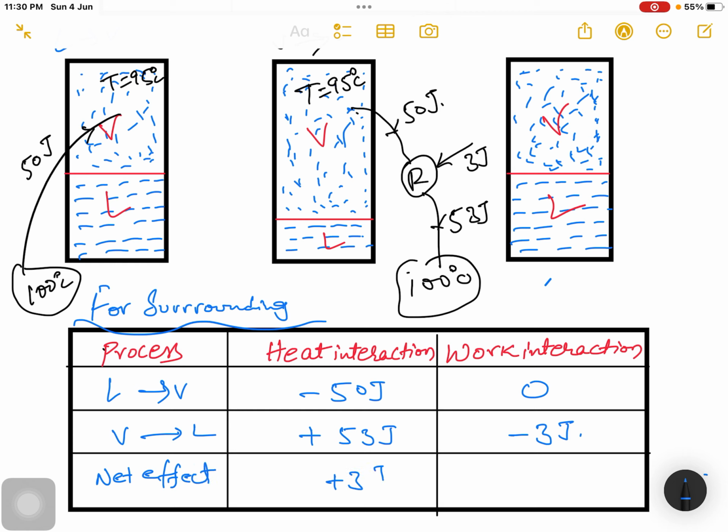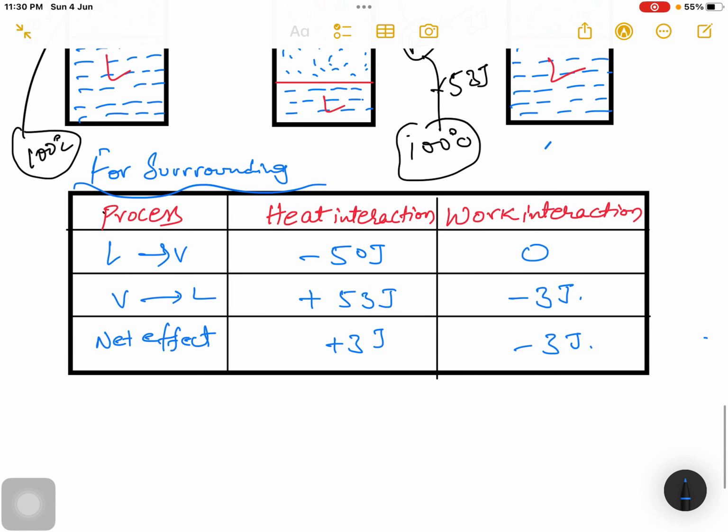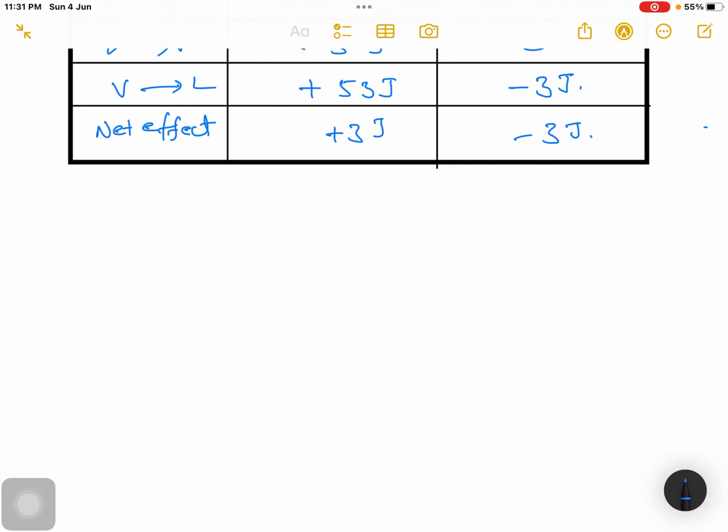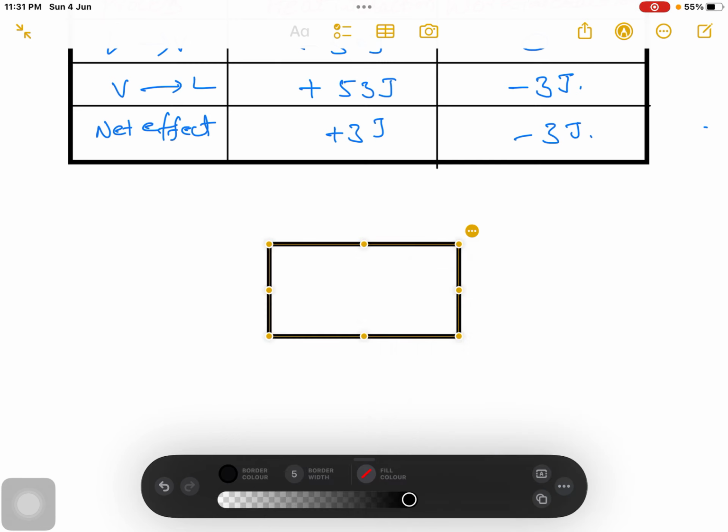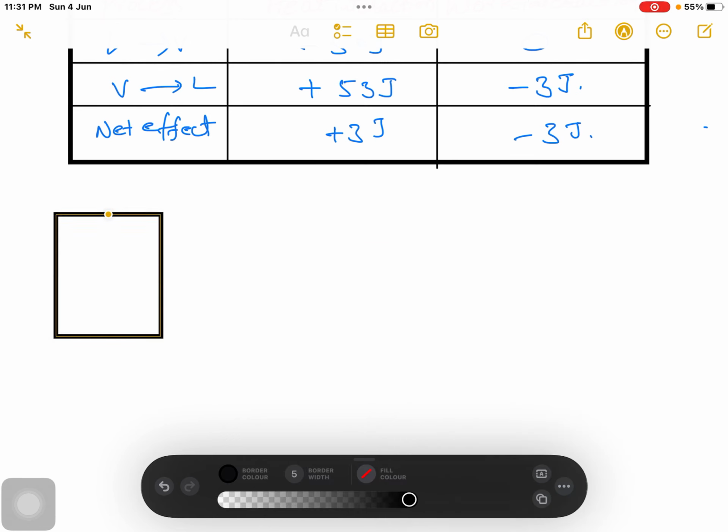The surrounding temperature is 100 degrees Celsius and the system temperature is 99.99 degree Celsius. Now I want to convert this liquid into vapor. I am extracting 50 joules of heat interaction from the surrounding and this liquid is converted into vapor.